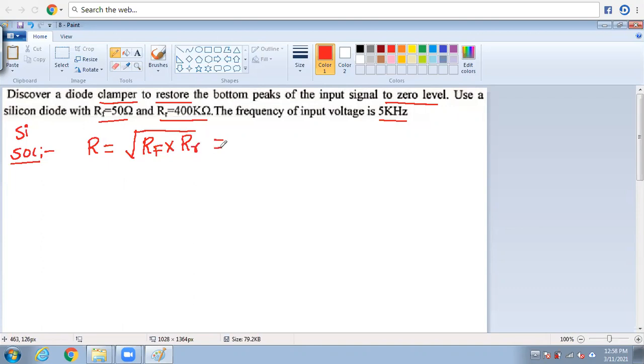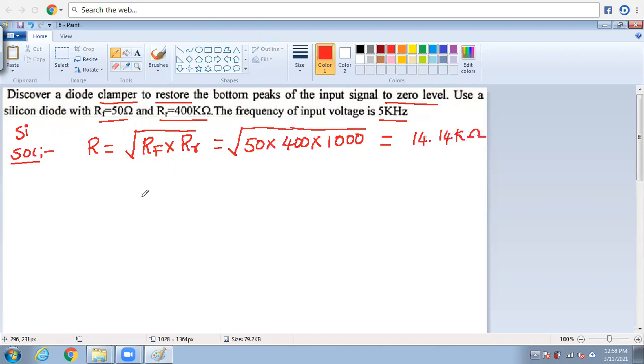Doing the mathematical part: RF equal to 50 ohms and RR equal to 400 kilo, where kilo means 1000. If you do all those calculations, that is around 14.14 kilo ohms of total resistance.